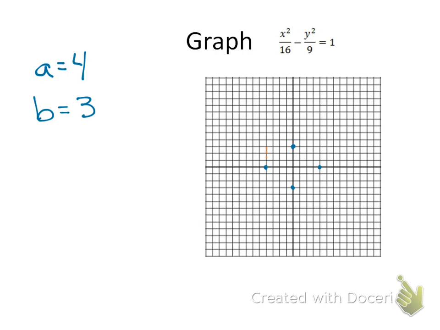Let's create our box, or our rectangle, that goes through each of them. And it should have a length of 8 by 6. Should be a rectangle 8 by 6. We can create our asymptotes by going through each of the diagonals. To find where our focus is, we're going to use c squared equals a squared plus b squared.